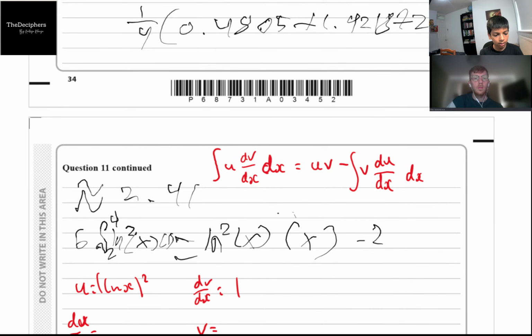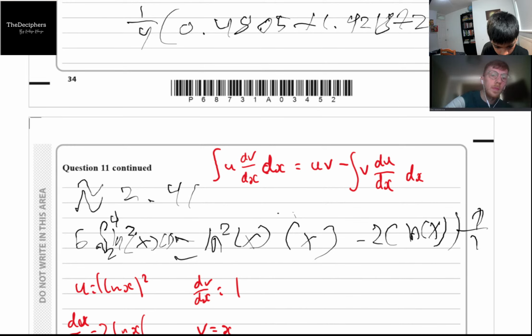That's just 2 times ln x times, and then multiplied by the derivative. Good. And the derivative of ln x is? 1 over x. Good. Okay.